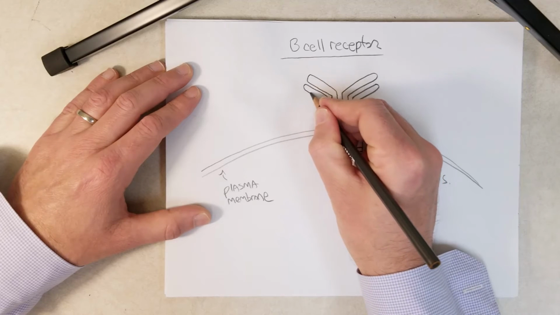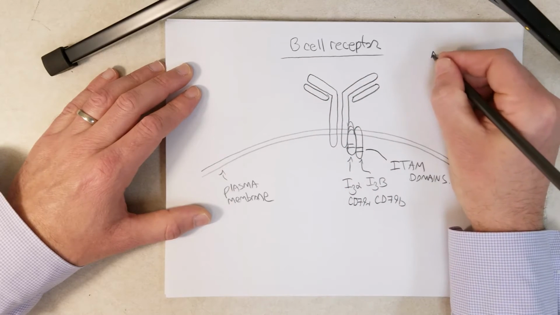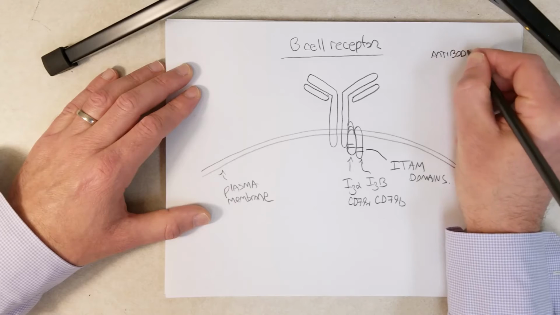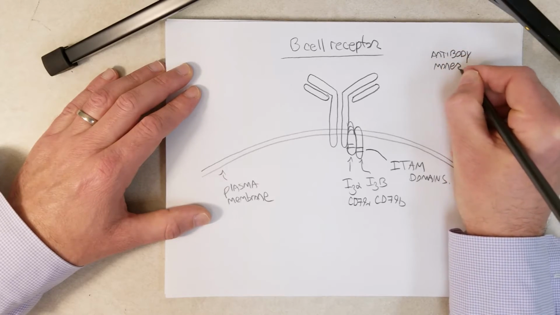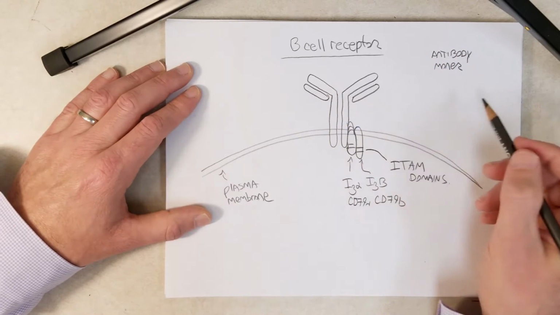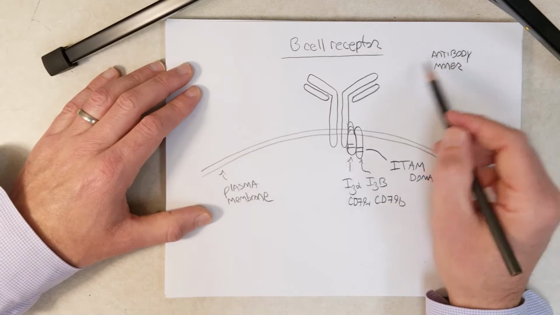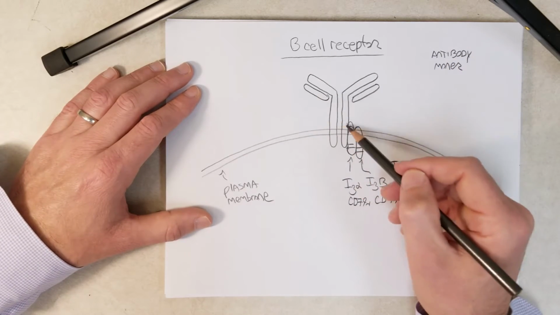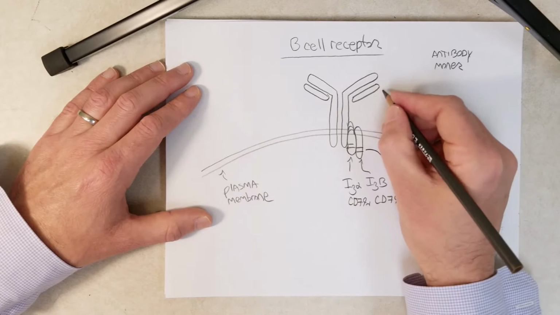Well, your typical antibody, we're going to call this a monomer because sometimes you can get multiple monomers linked together to form more complex antibodies. But here's your typical antibody structure right here.